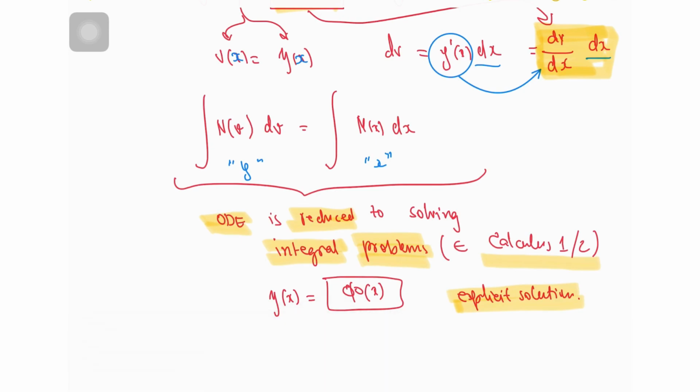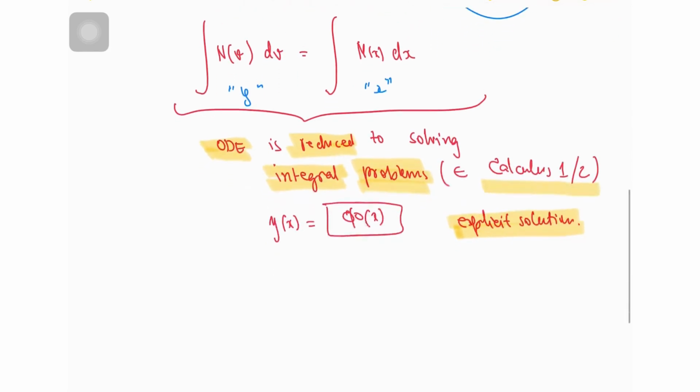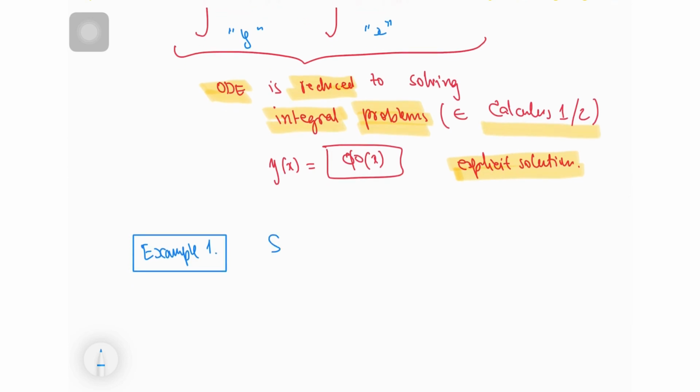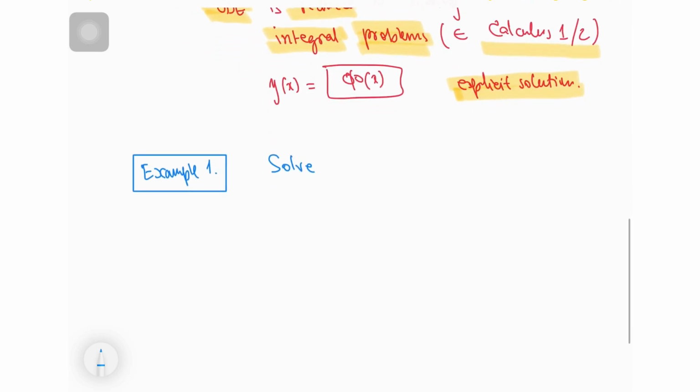So that's how separable equations look, and we will see now in example 1 how that works. The question says: solve y prime equals 5y cubed x.